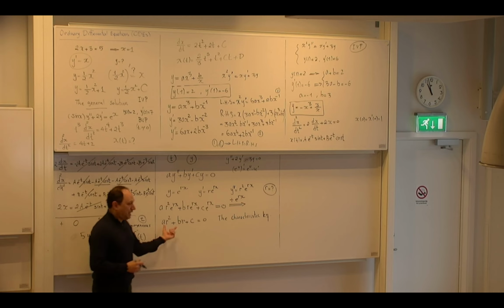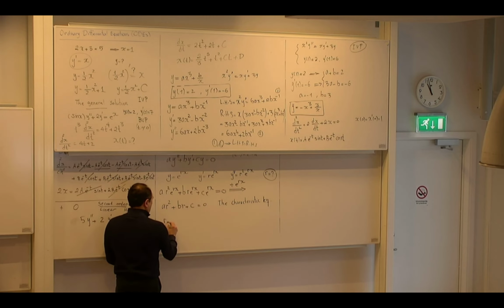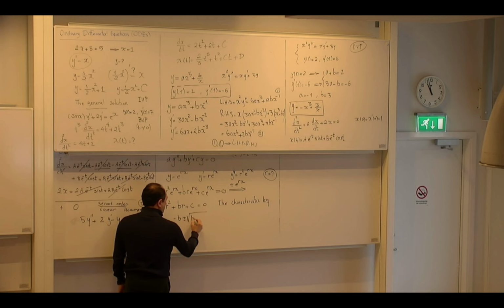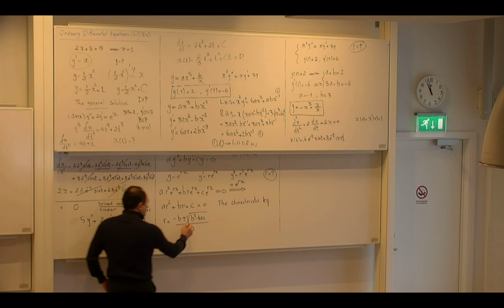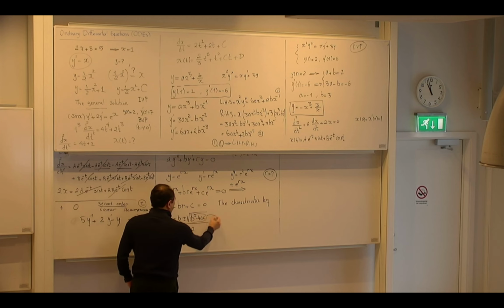Sometimes it has two solutions. So if I want to solve that, do you remember the ABC formula? It is minus b plus or minus the square root of b squared minus 4ac, divided by 2a. By the way, this is called the discriminant.